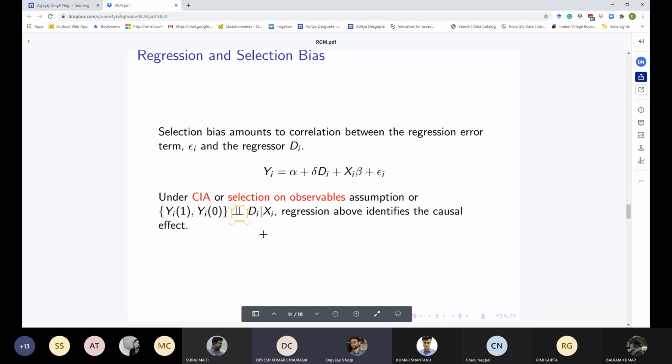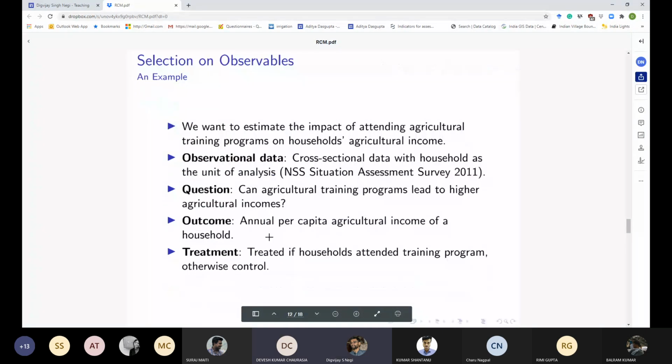Okay. So to make these ideas concrete, to crystallize these ideas into a real example, let's work through this example that I have here.